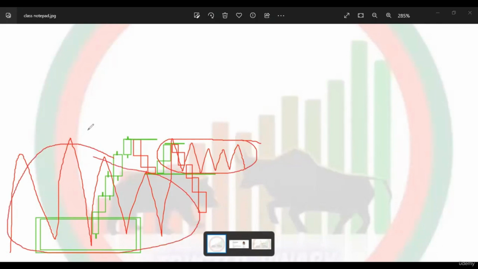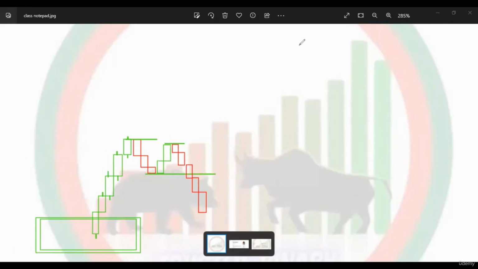That means the total market condition is a sideways market. So we can't expect here any aggressive movements suddenly. It may go for long range like this type of. So this is one.